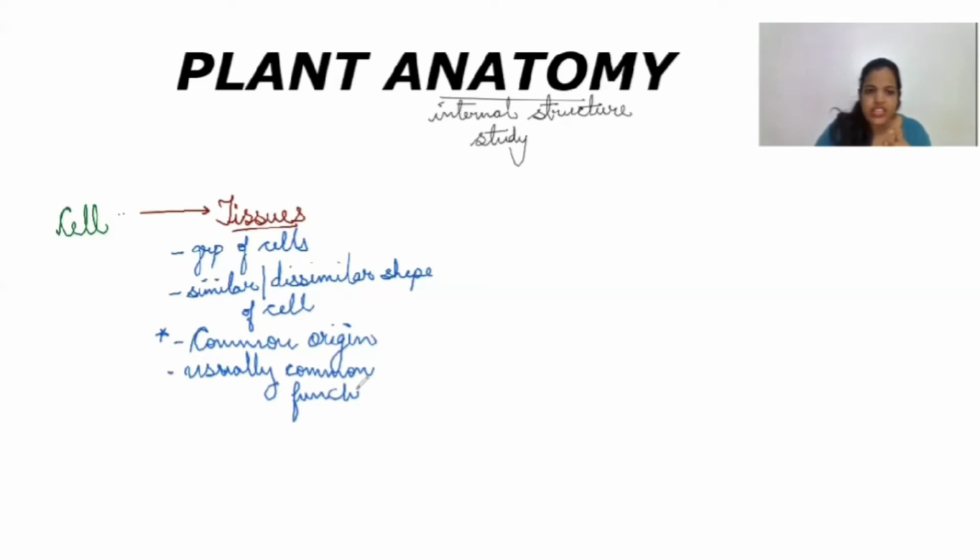Now let's classify the tissues, the two types of tissues here itself. So the tissues are basically classified into two types, and plant anatomy is nothing new for you, let me tell you, so that you will be relaxed in the remaining part of the video. Plant anatomy you have actually studied in your 9th class.